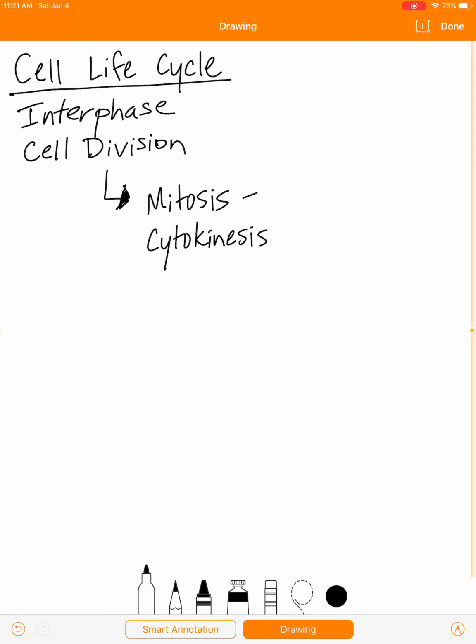So mitosis is division of essentially the nucleus, so division of the nucleus and what is found inside of the nucleus, which we know is going to be the DNA. Cytokinesis is division of the rest of the cell, essentially the cell cytoplasm.